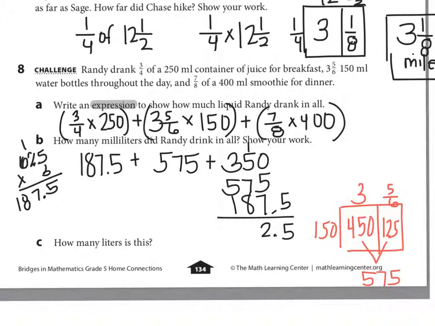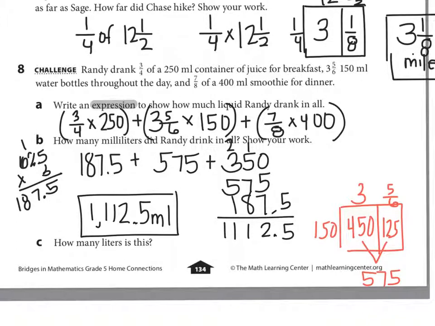Plus 5 is 21. And then 5, 6, 7, 8, 9, 10, 11. So I show 1,112.5 milliliters he drank in all.